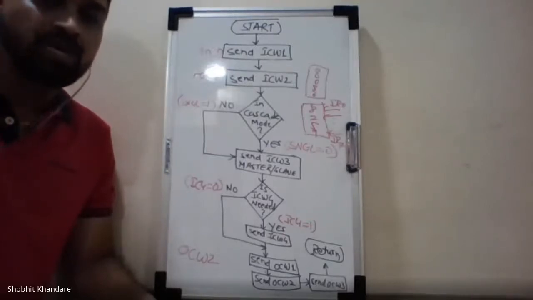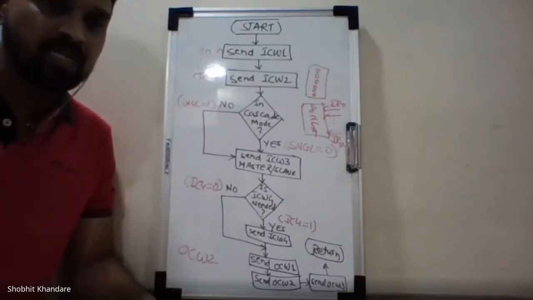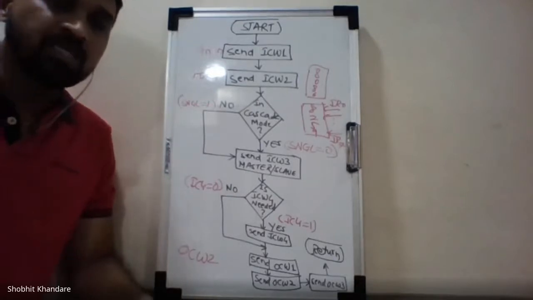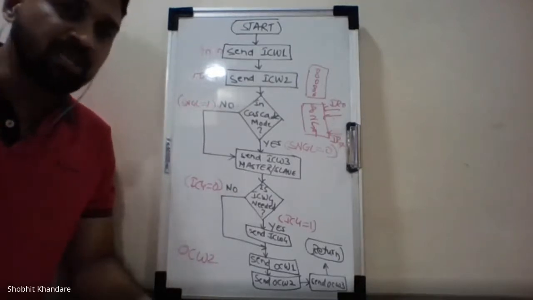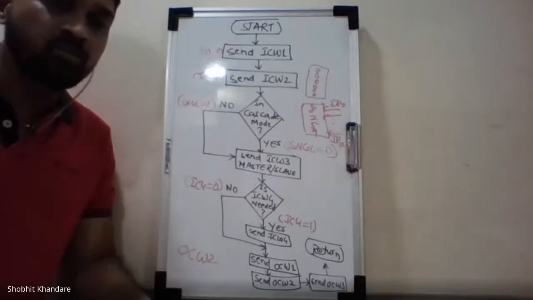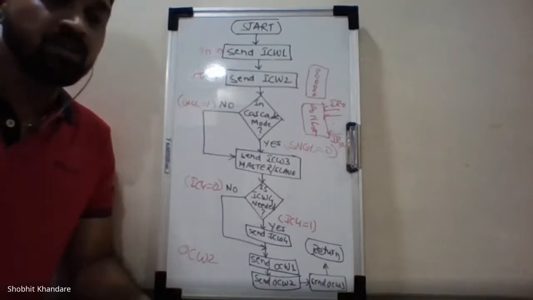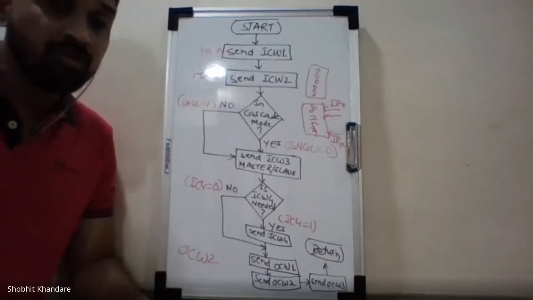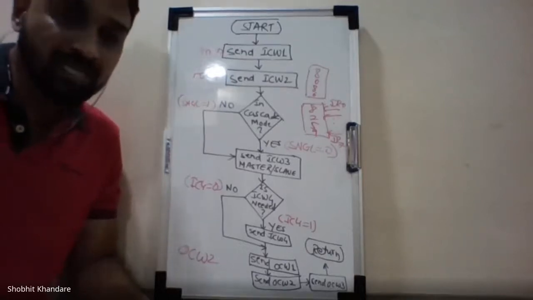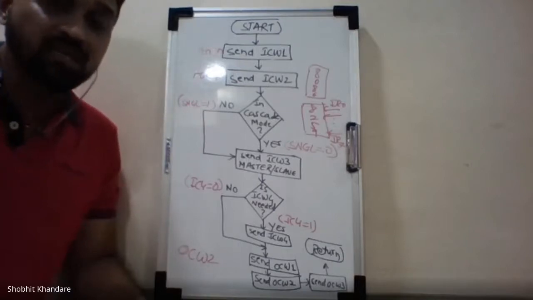If I am not using the cascade mode, that means I am having only one 8259. So can I say that one 8259 is the master itself? Yes. When there is a single 8259, it is the master itself, so you have to use the ICW3 format for master 8259. And when there is more than one, you will be using both formats: one purely for master 8259, and the other purely for slave 8259.